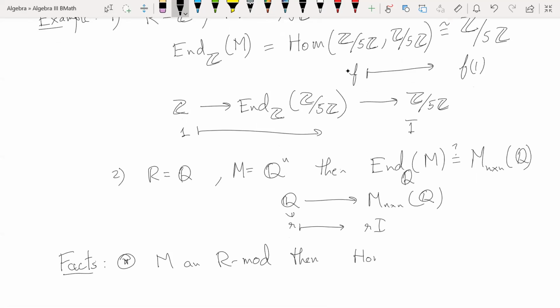Hom of R-linear maps from R to M is isomorphic to, what should it be? You can maybe guess from this one.